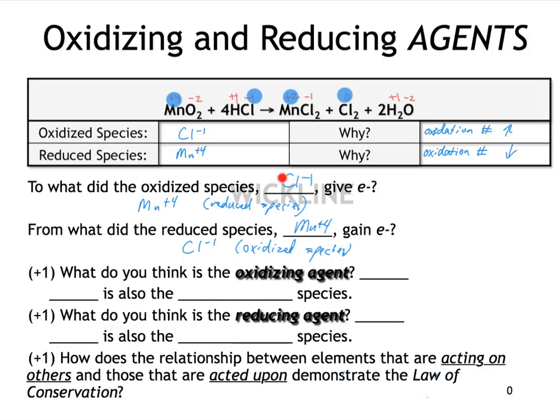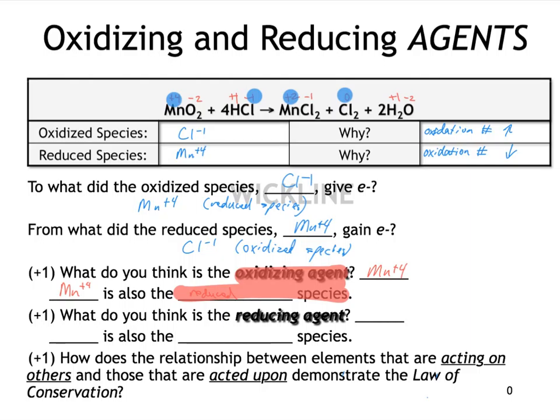That's why we might call the Cl-1 an oxidized species, but we'll call the Mn+4 the oxidizing agent, meaning it causes the oxidation on Cl-1. So I went ahead and wrote in Mn+4 as the oxidizing agent. But I want you to also just make a note that Mn+4 is also the reduced species. So the reduced species and the oxidizing agent are 2 terms that go together. I'll highlight them together.